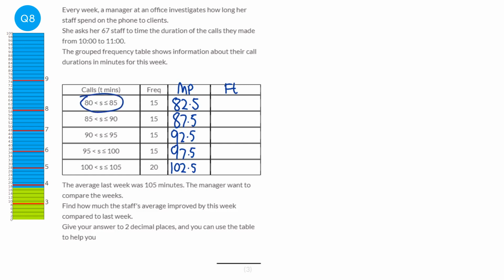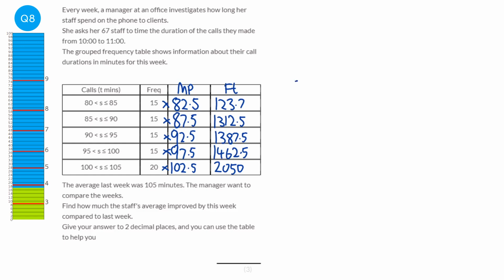Now in this first group we're not timesing it by 80 to 85 or anything like that, we're timesing it by the midpoint, so our midpoint effectively becomes the T. So we're going to do 15 times that, which will be 1237.5, and we're just going to keep going and multiplying each of these together. And then finally 2050.